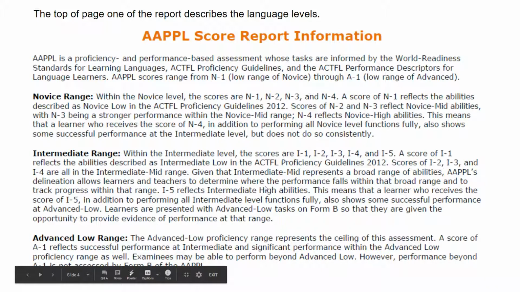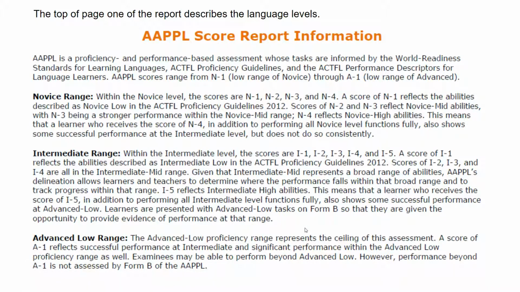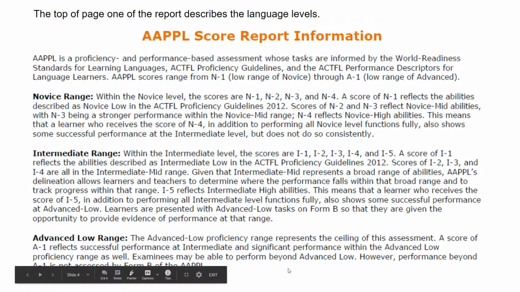Here's a close-up view of what the descriptions for each of the levels looks like. There are three main categories: novice, intermediate, and advanced. And each of these levels is broken down further as we saw on the chart.